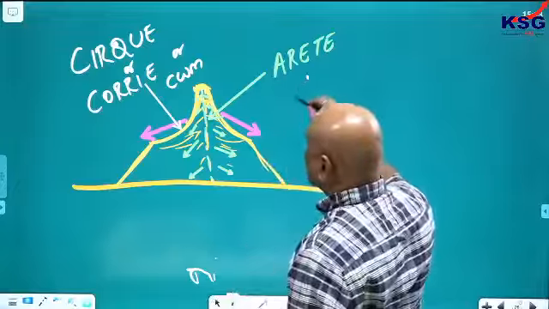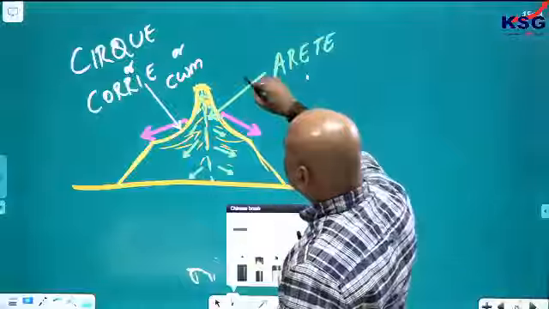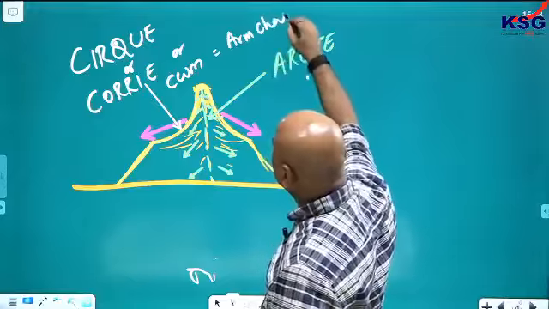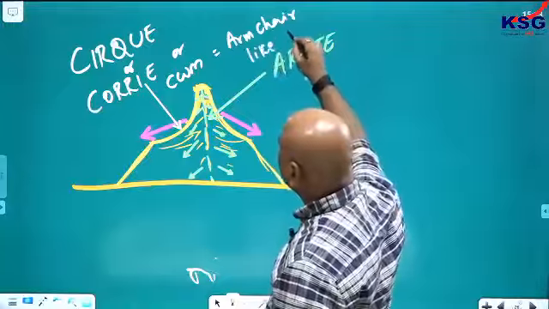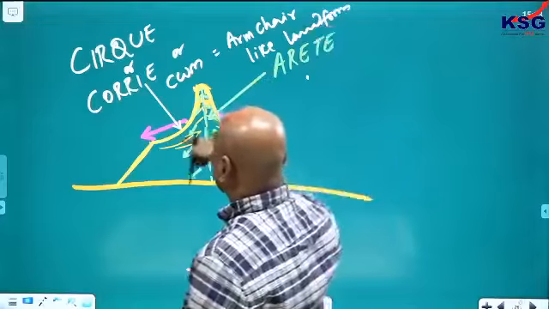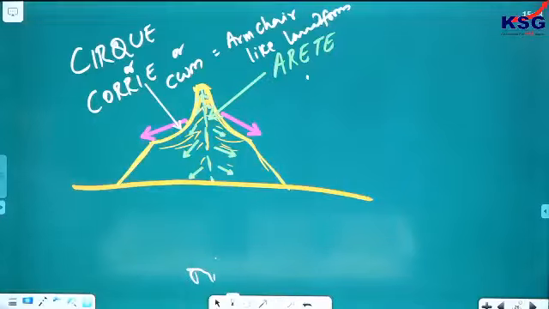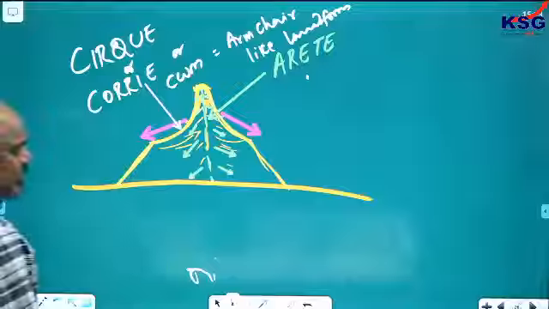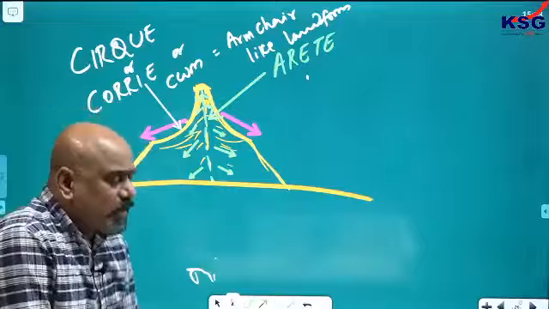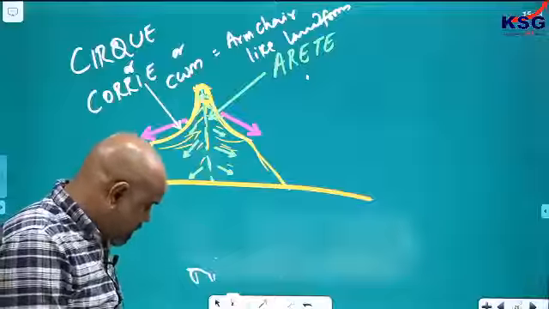Arête is there. Sark is what? Sark is an armchair-like landform. See how nice it is, it is armchair-like. Armchair-like landforms are called sark. Sarks are the armchair-like landforms here. Sark or corrie or cwm, I said here.